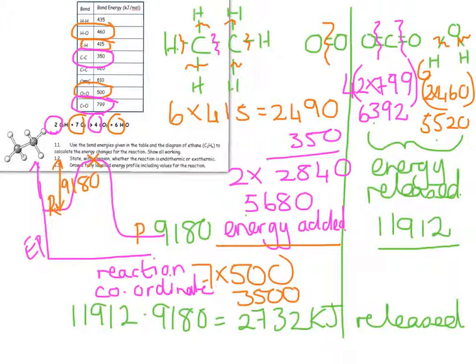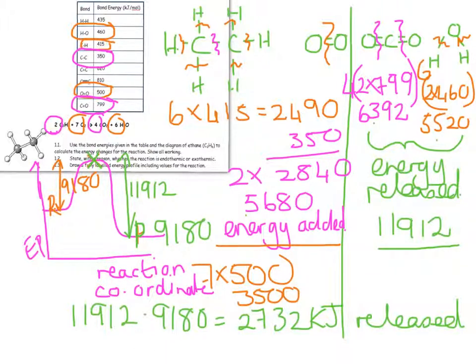From the activated complex down to where the products are made, I have released, they tell me, the total amount of energy released, 11,912. I got that from there. So 11,912 has come in as the energy released. The energy put in is the 9,180 over here.